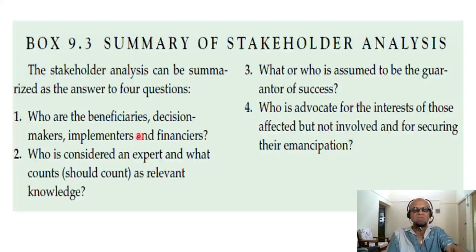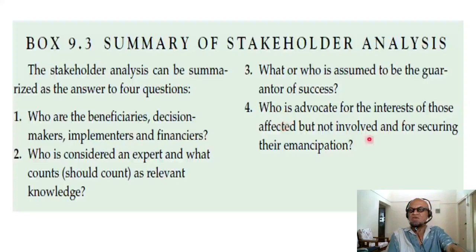So you have people who are beneficiaries, decision makers, implementers, and financiers. The financial person is just committing to financing. Is it the financier's responsibility to guarantee success, or is it the implementer, or is it the decision maker? This is not always clear. Beneficiaries are clearly not responsible for guaranteeing success.